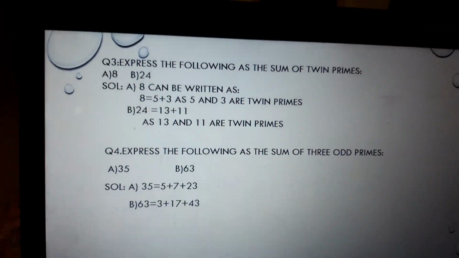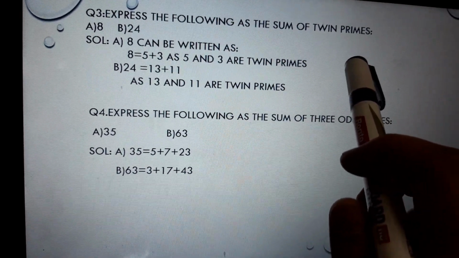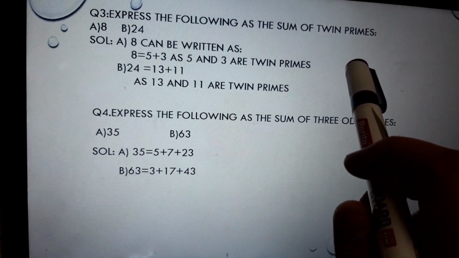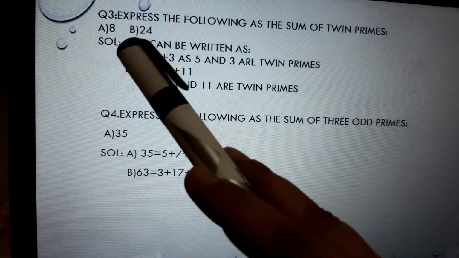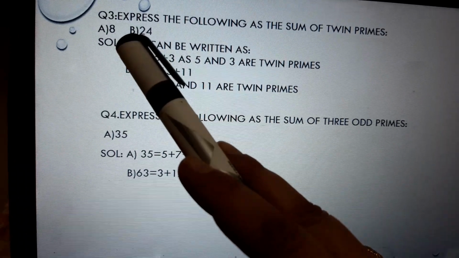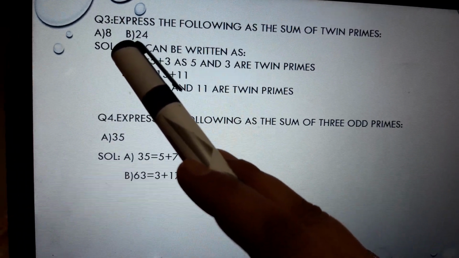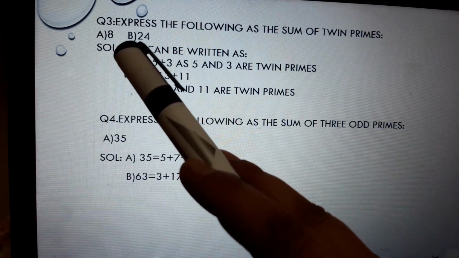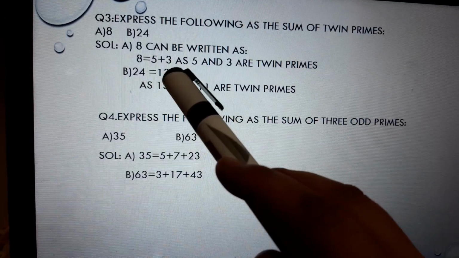Next question is, express the following as the sum of twin primes. Twin primes, as we have already discussed, are two prime numbers whose difference is 2. Now first is 8. How can I express the sum as 8? Two prime numbers whose sum is 8 and they should be twin primes. Now 8 can be written as 5 plus 3.